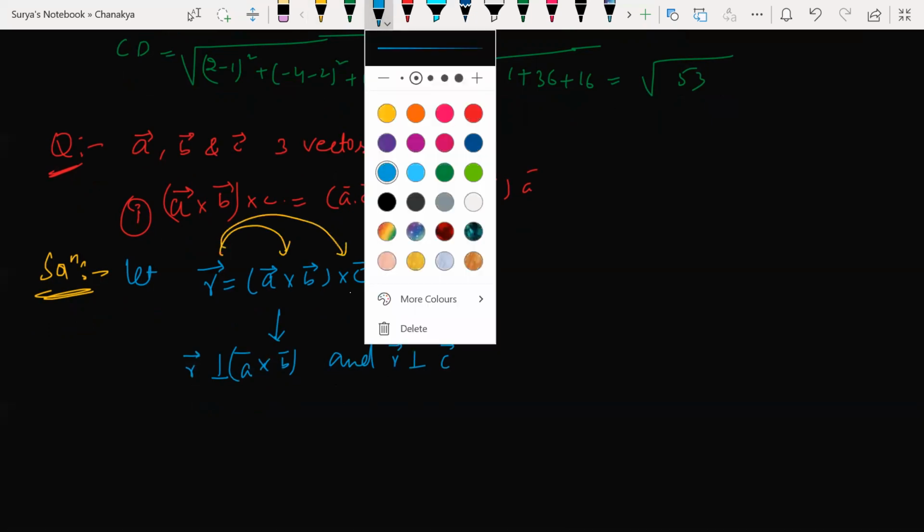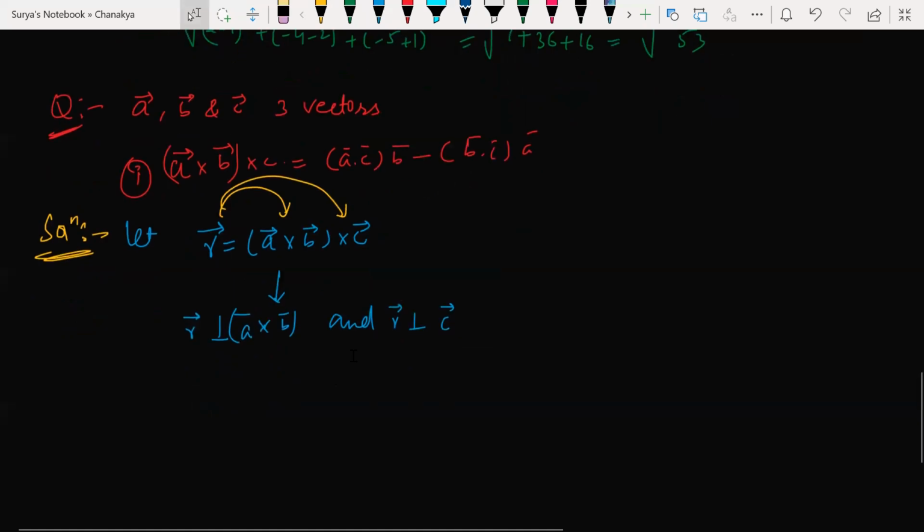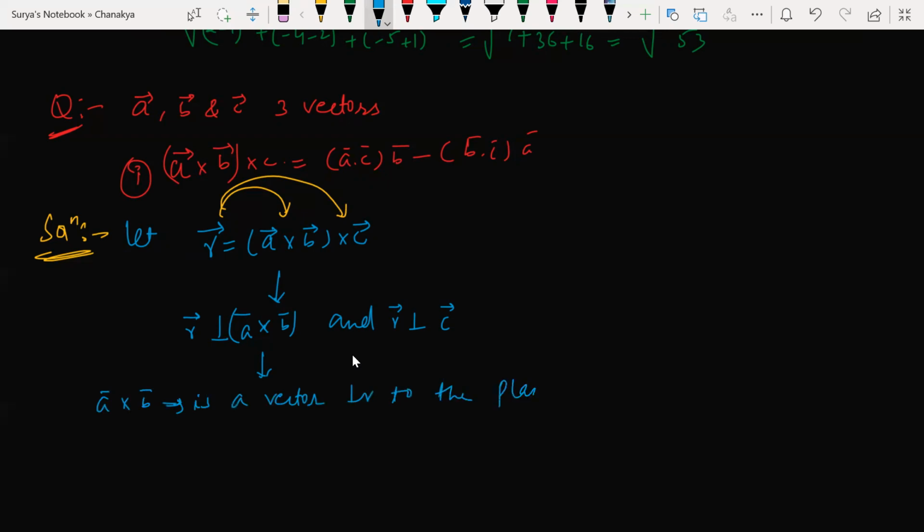Now look at this here. What is the meaning of A cross B? A cross B is a vector perpendicular to both A and B. Yes or no? Very simple. B cross C is a vector perpendicular to the plane of B and C vectors.